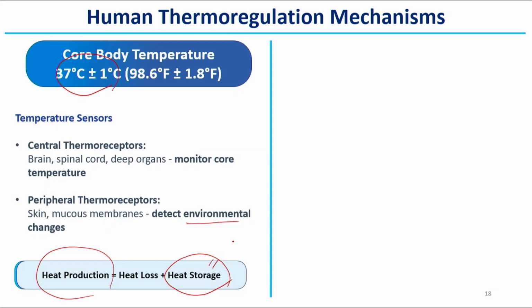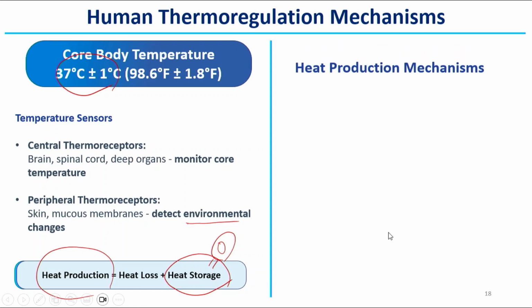If we do not want to store heat, so storage is 0, then heat production equals heat loss. But in extreme cold conditions we would like to store certain heat, so that our body core temperature does not drop. That is why the equation is heat production equals heat loss plus heat storage.